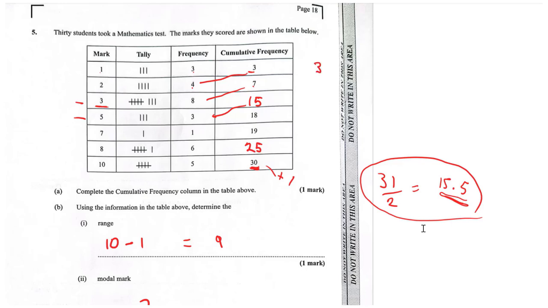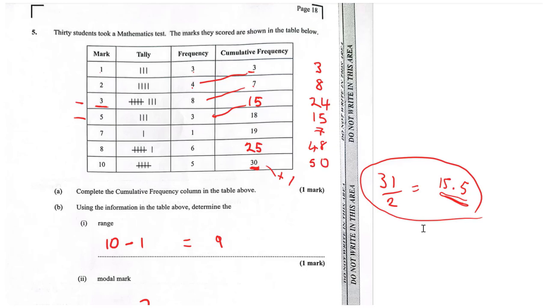Then 4 times 2, that is going to give us 8. Then 8 times 3, that is 24. Then 3 times 5, 15. Then 1 times 7 is 7. Then 6 times 8, that's 48. And then 5 times 10, that's 50.